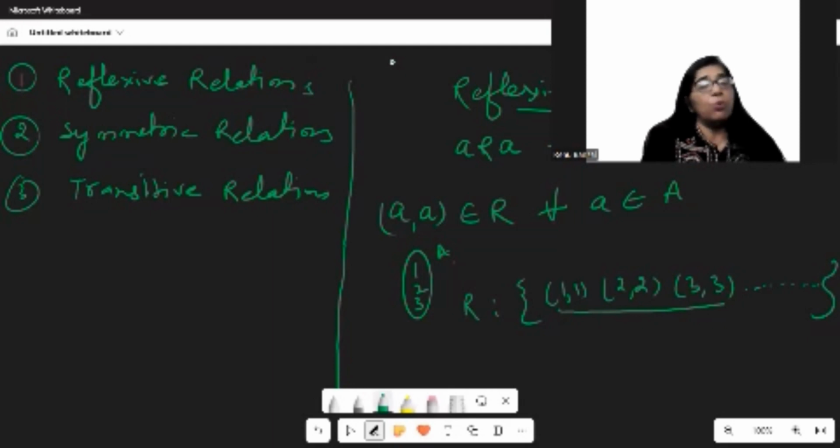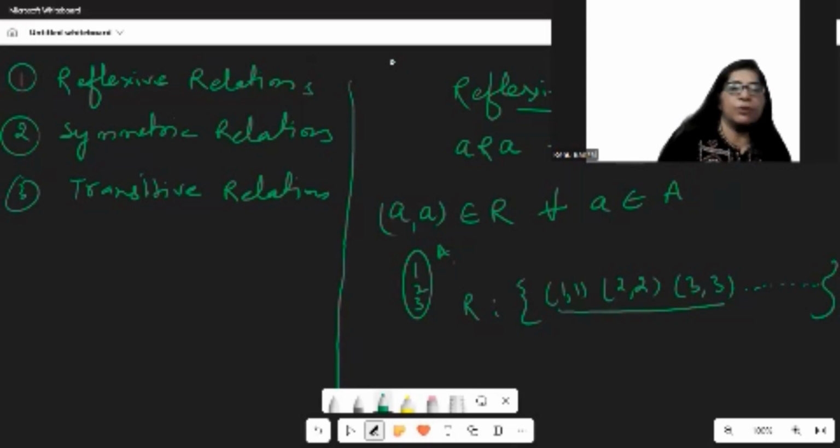And now, what is the difference between identity relation and reflexive relation? The difference is, in reflexive we can have more than these doublet-type relations.